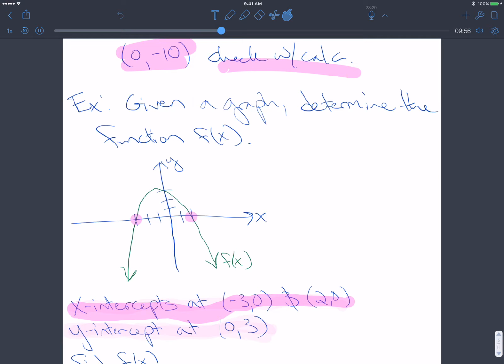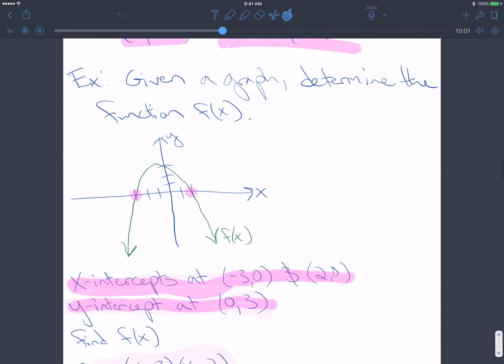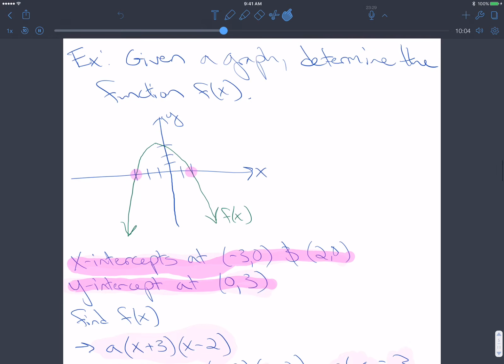I know that my y-intercept is at (0, 3), and I know that the function is ax squared plus bx plus c, but I have 3 points, so theoretically you could do it with the ax squared plus bx plus c. But I have the x-intercepts, so I'm just going to use those factors, and then I just have to find that constant a that goes out in front, right?